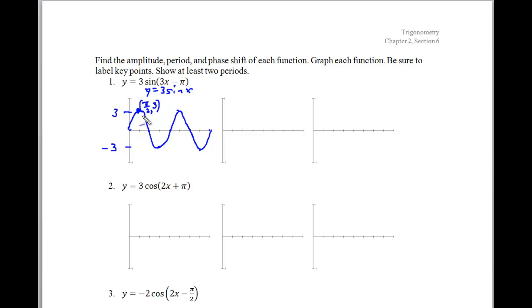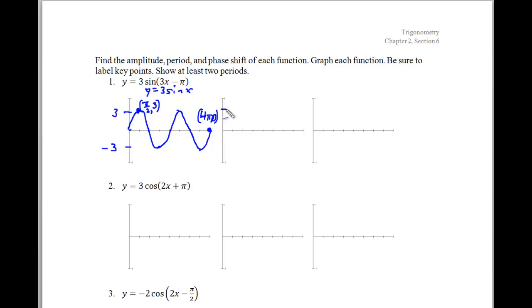Now, the reason why I look at that is because I'm going to apply this speed change, this horizontal stretch or shrink to the problem, which is going to make this graph move 3 times as fast. So this is 4 pi over here, all the way on the right side, 4 pi comma 0. So this is going to go 3 times faster.